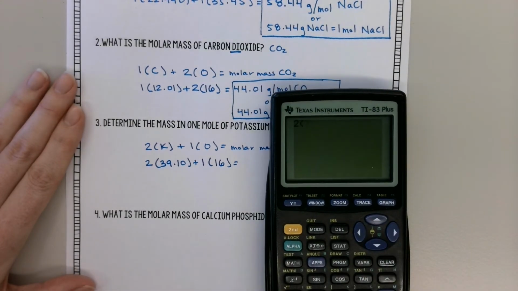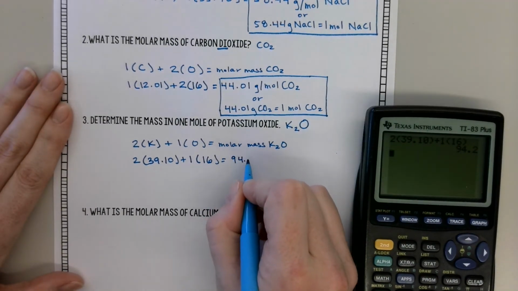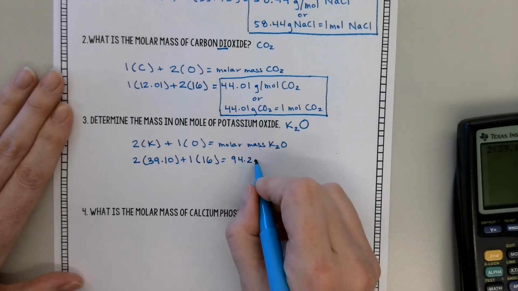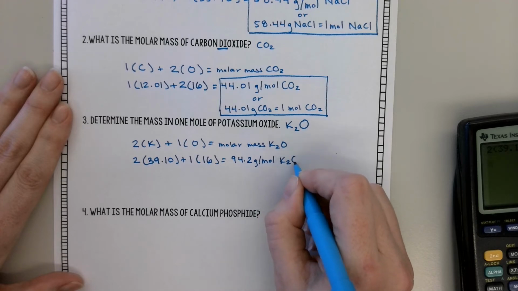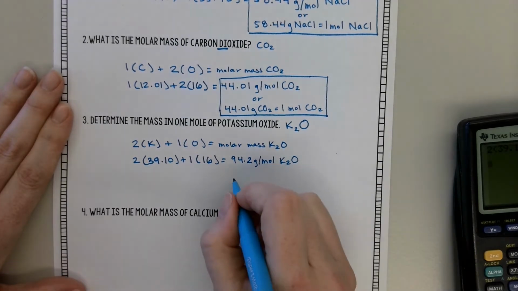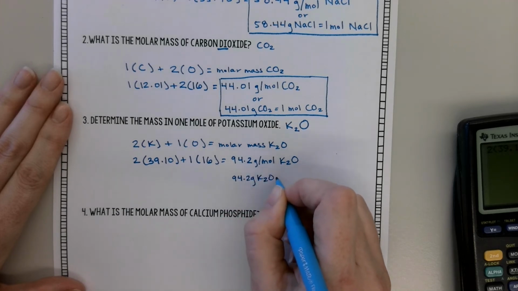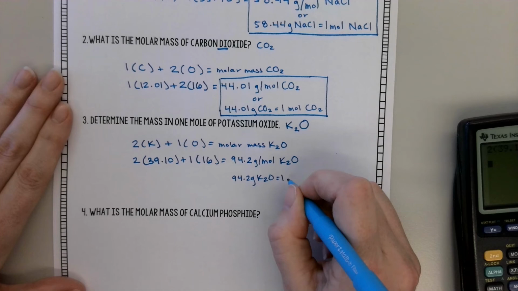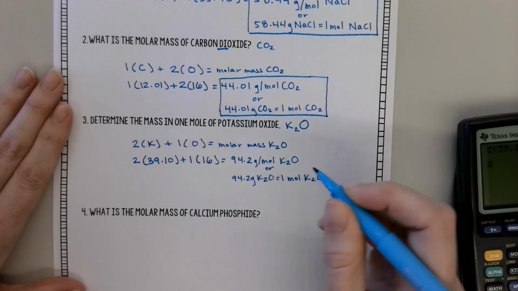So 2 times 39.10 plus 1 times 16. 94.2 is the number I am getting. And that, again, is how many grams per mole there are for potassium oxide. We can also write it as there's 94.2 grams of potassium oxide in 1 mole of potassium oxide.